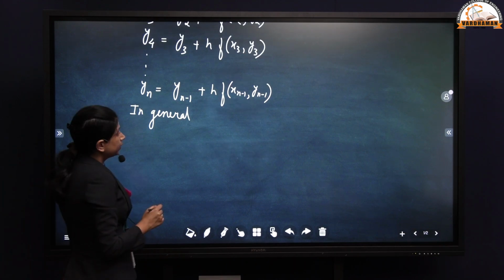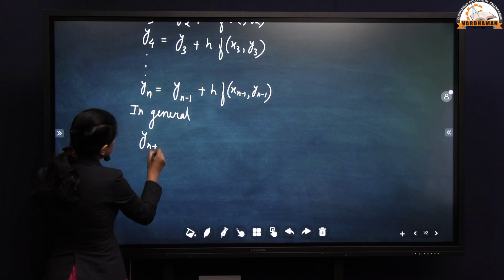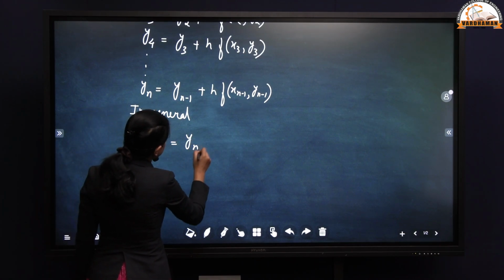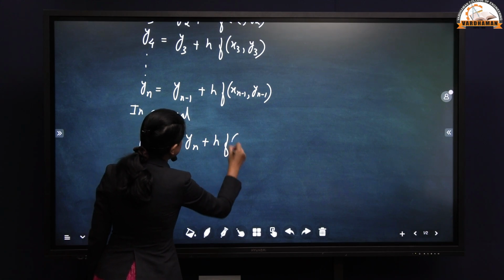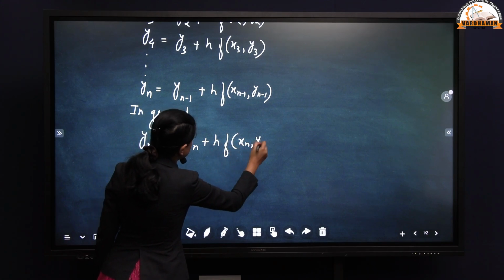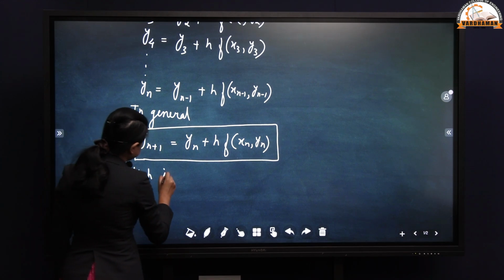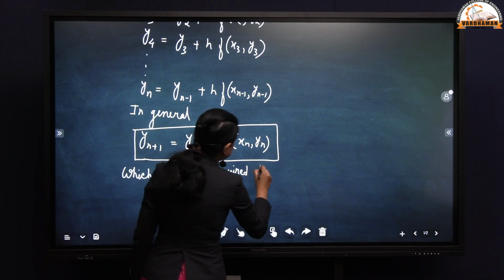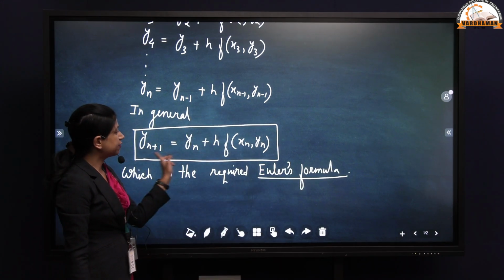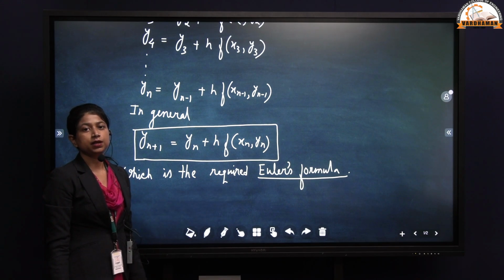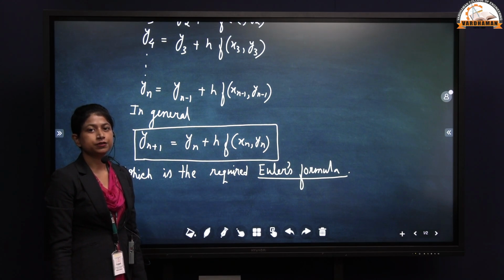In general, we can write yn plus 1 equal to yn plus h f of xn comma yn, which is the required Euler's formula. So this is how we derive Euler's formula from the first order ordinary differential equation.